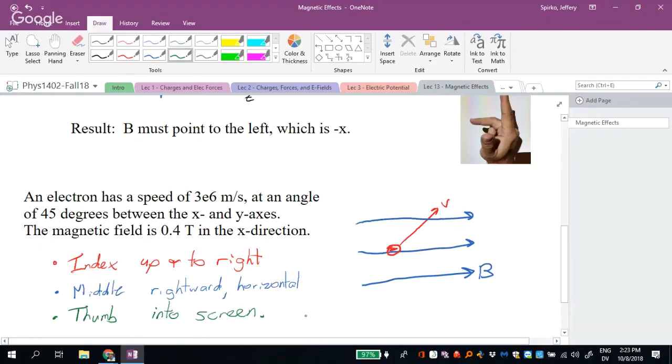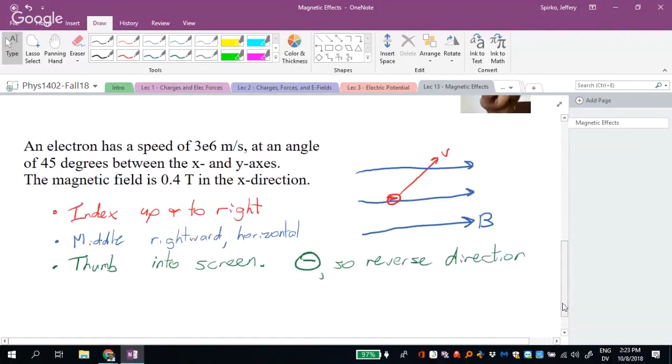So negative, so we reverse the direction at the end. So that magnetic force is out of the screen. Sorry.